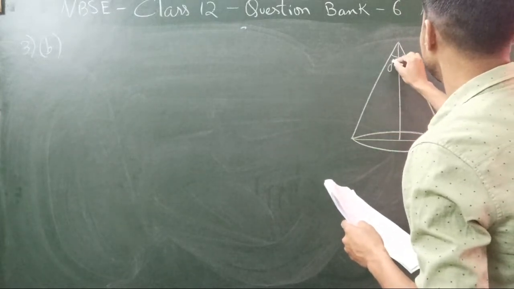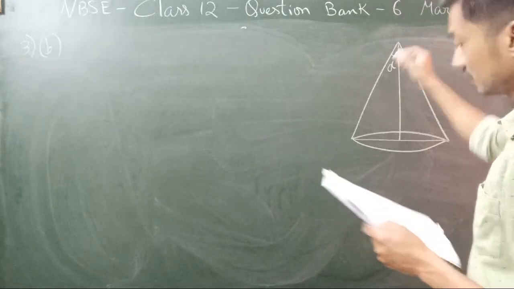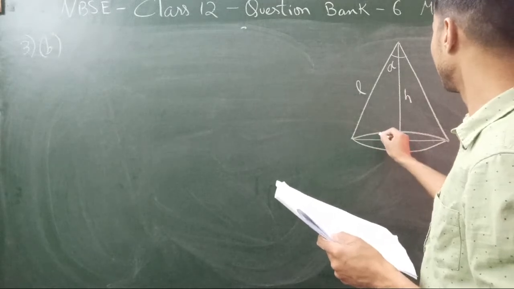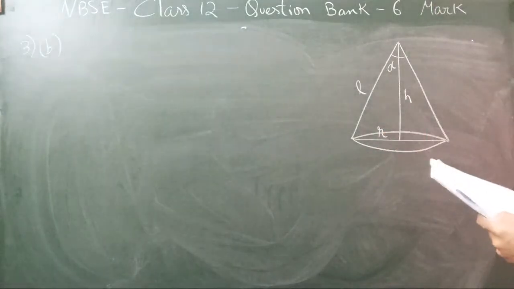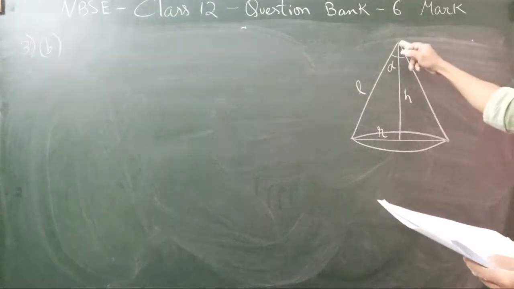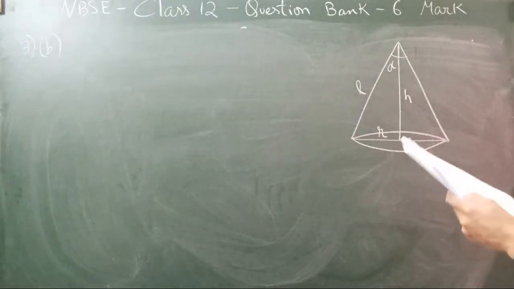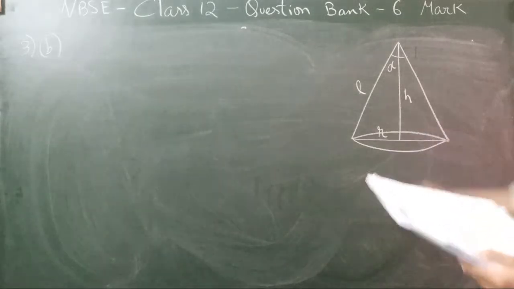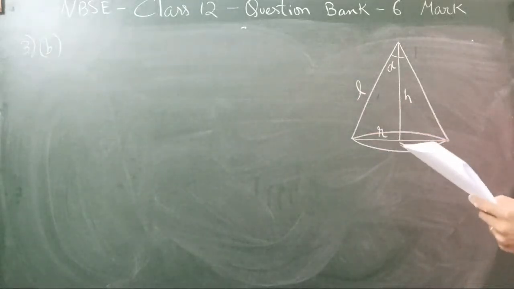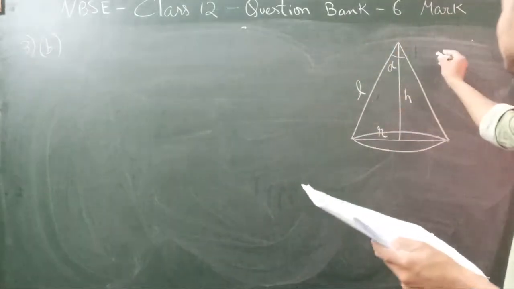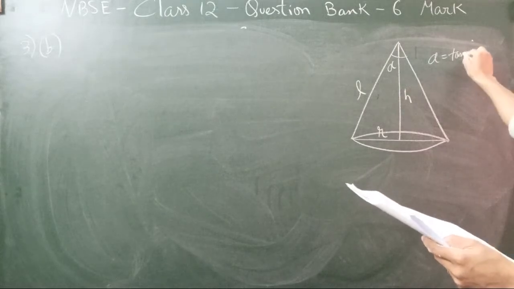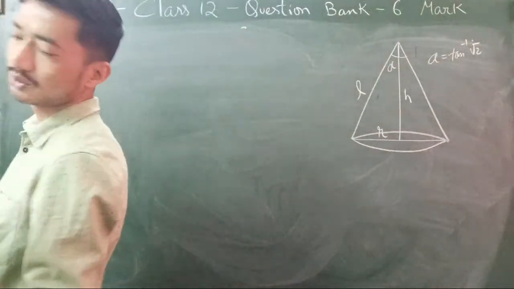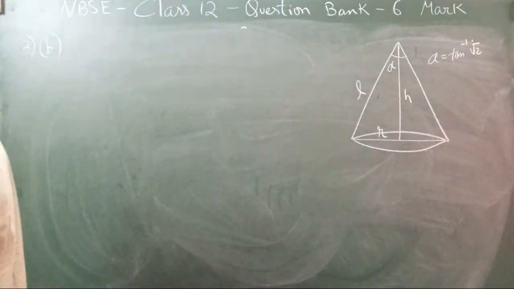Assume this to be alpha, this is L, this is H, this is R. So here slant height is the constant. That means alpha is tan inverse root 2, and that should be our point of maxima.